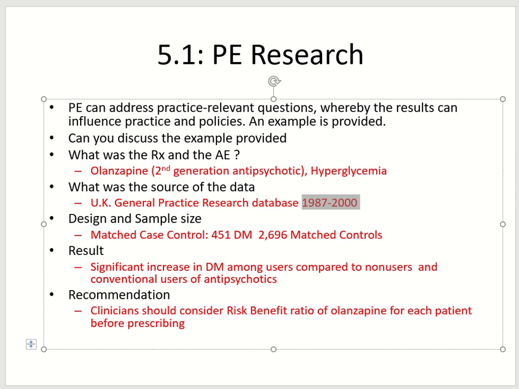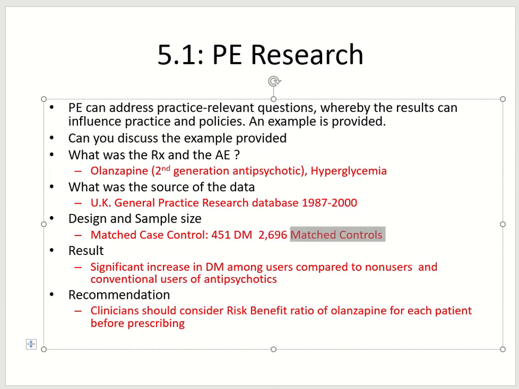The design that they used is what is called the matched case control design, where the cases were 451 diabetic patients or diabetic outcome, and they matched them to 2,696 controls.